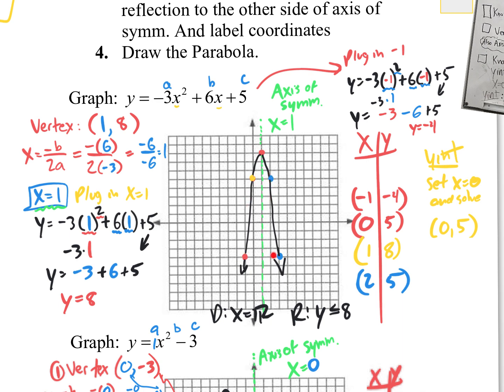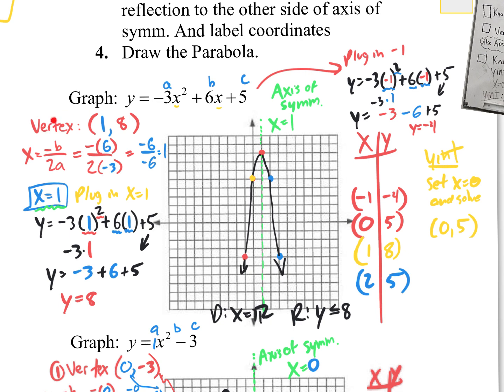If you want this point or that point, you could just plug in more numbers, like plugging in 2 will give you out of 5, right? And you could plug in 2 by plugging in 2 right there, doing the math, you get out of 5, right? So you could find more points by doing the input-output table. But here's what we want to be able to answer whenever we have a quadratic trinomial equation or a quadratic binomial, any quadratic.